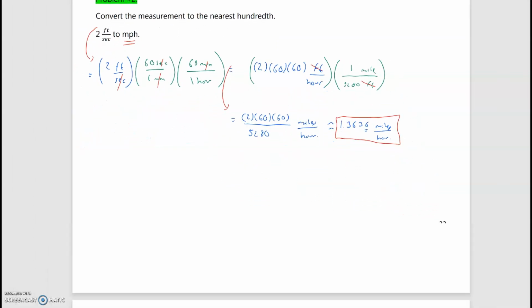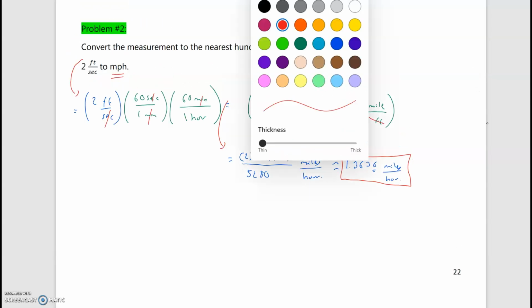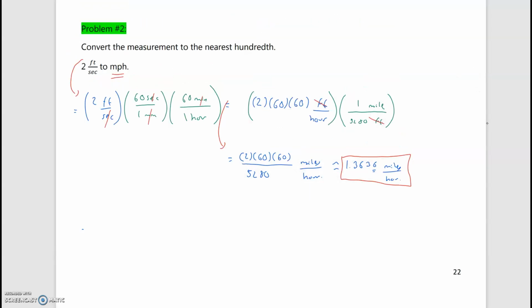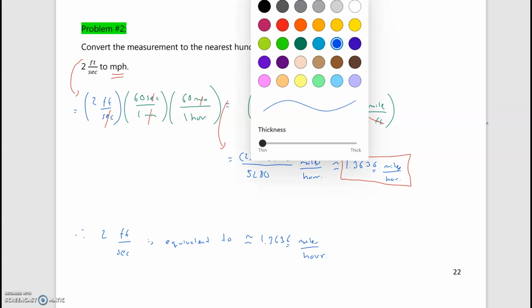Then let me write it as a sentence. 2 feet per second is equivalent to approximately 1.3636 miles per hour.